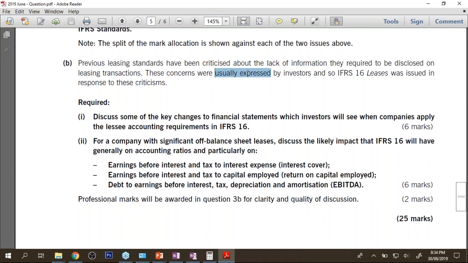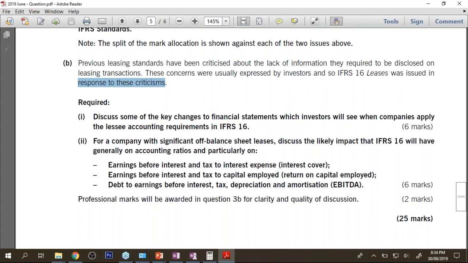These concerns were usually expressed by investors, and so IFRS 16 Leases was issued in response to these criticisms. So IFRS 16 was being issued to cover the criticisms that the people used to raise on the IASB board.